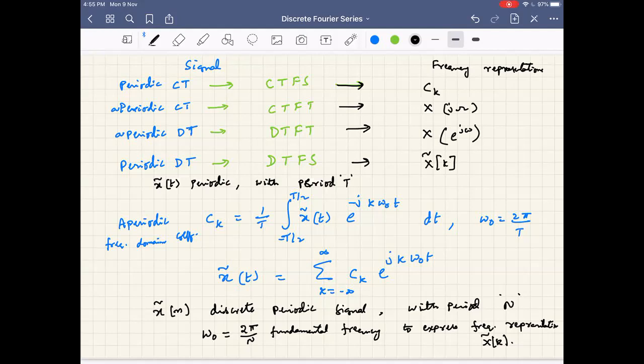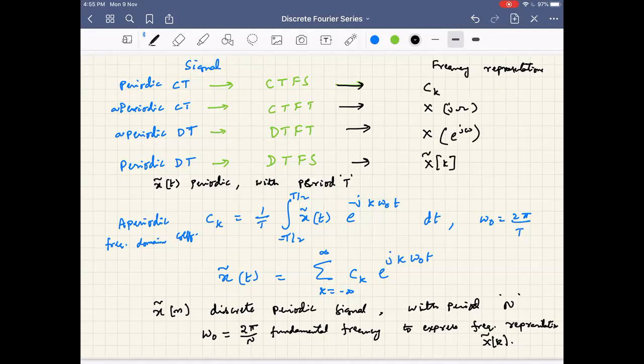So before we move on, let us bring out the analogy between the time period T here and the period N here. Roughly you can see that the continuous time periodic signal repeats after time T, whereas the discrete signal repeats after N number of samples.